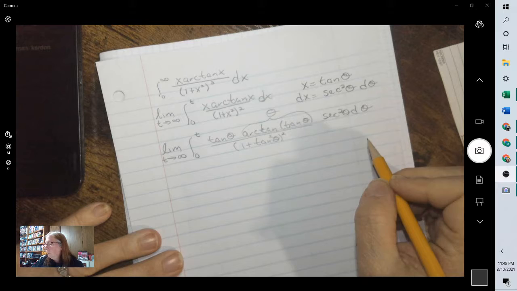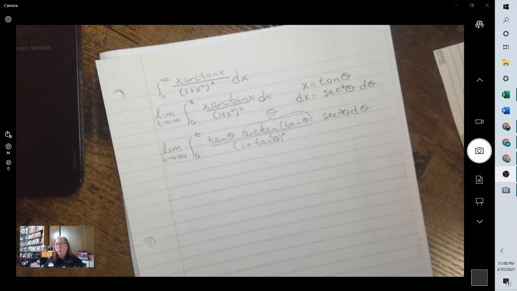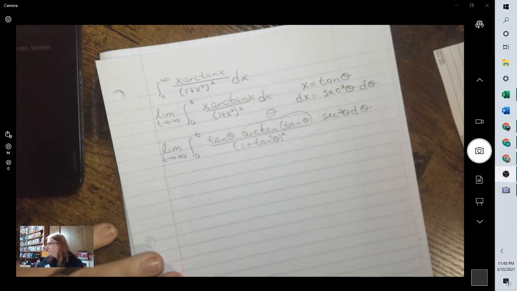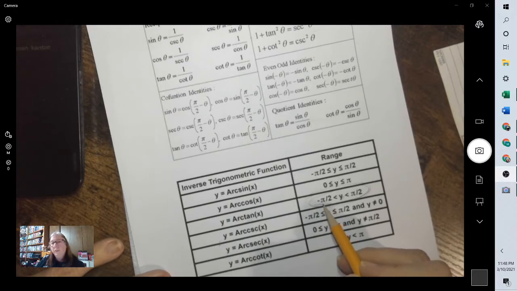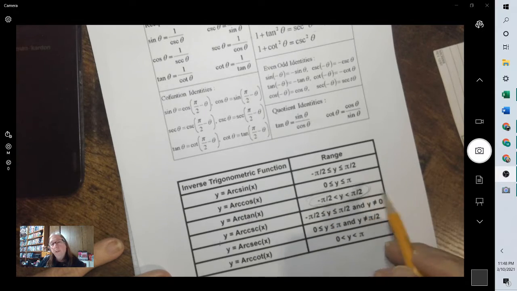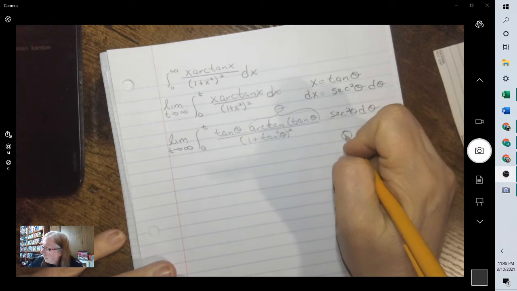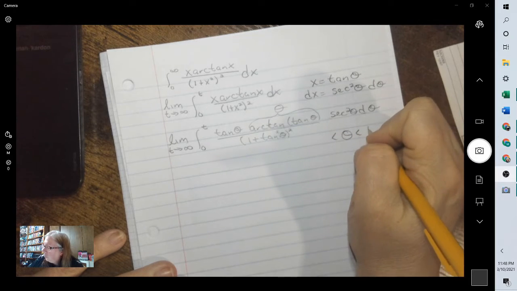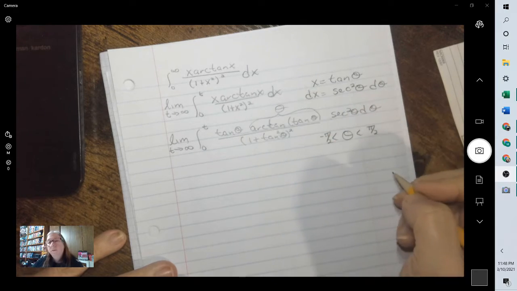The thing you have to remember, though, arctan has a special range. If you remember from before, arctangent's range is negative pi over 2 to pi over 2. So theta has to be between negative pi over 2 and pi over 2.